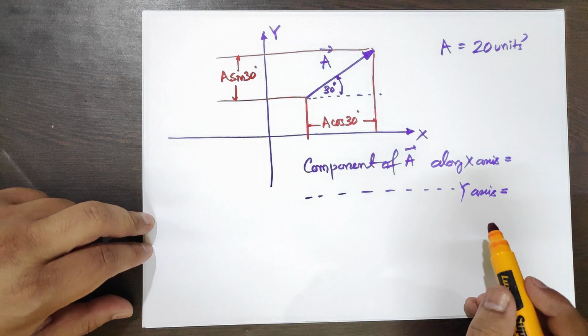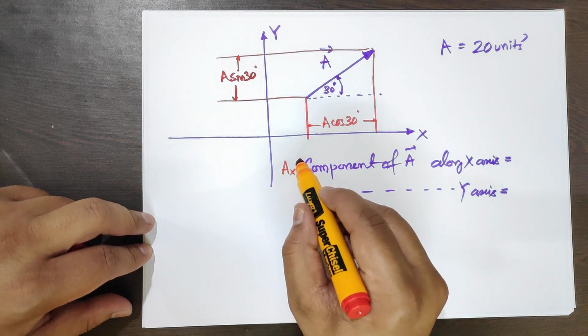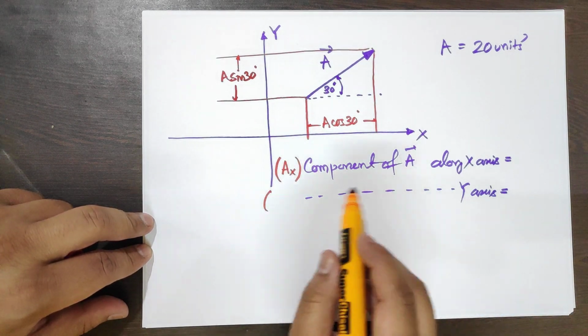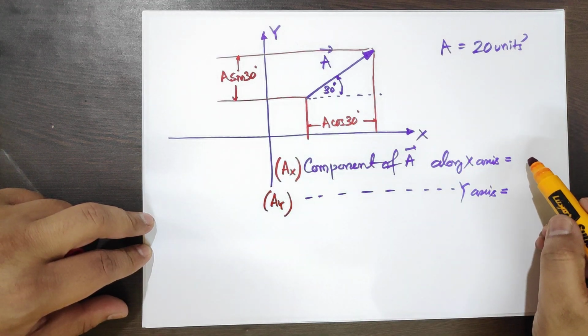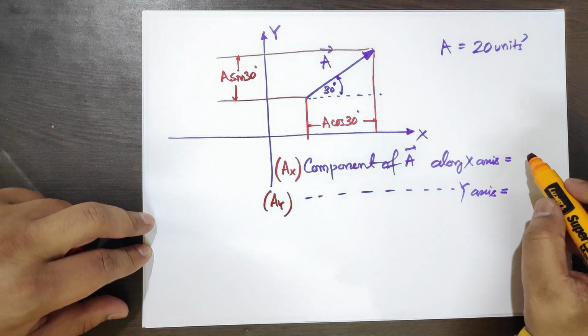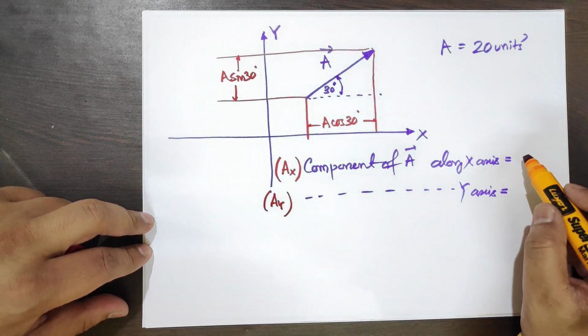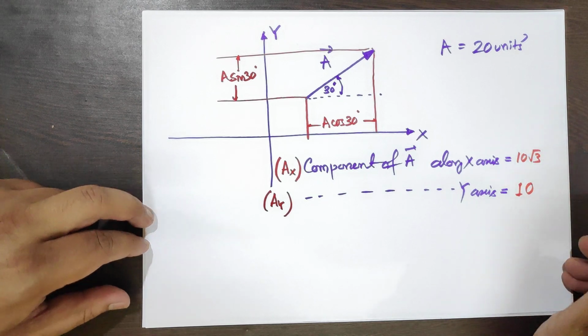We denote the component of A along the x axis by A suffix x, and the component of A along the y axis by A suffix y. So 20 cos 30 means 20 into root 3 by 2, so that's 10 root 3, and A y is 10.